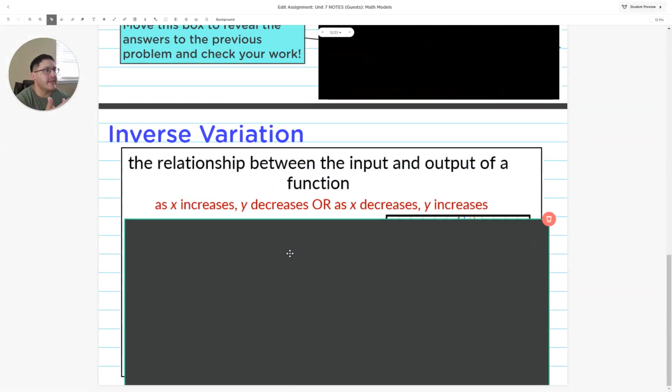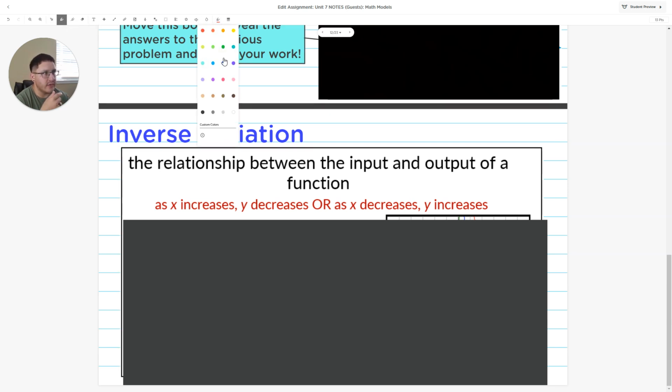So as x increases, y decreases. Notice the change for inverse variation. Or as x decreases, y increases. Notice how they're opposites now.